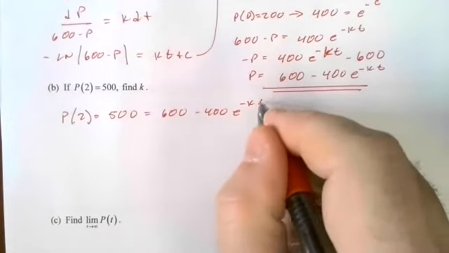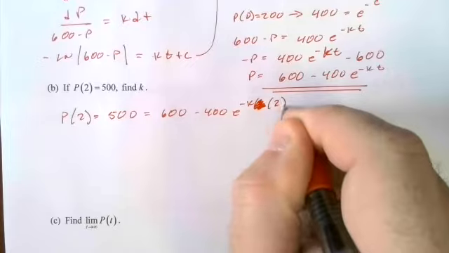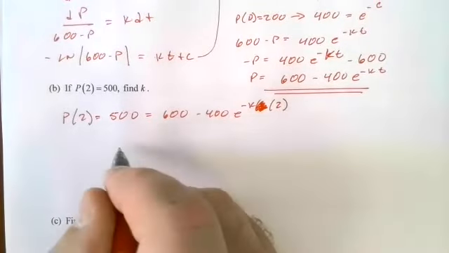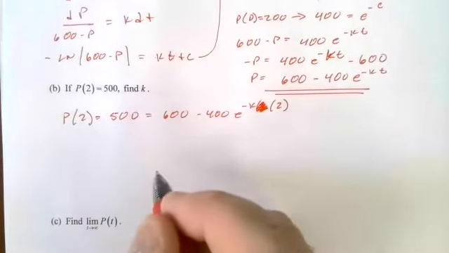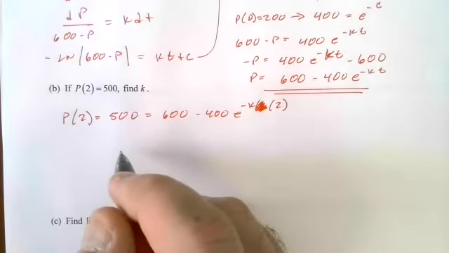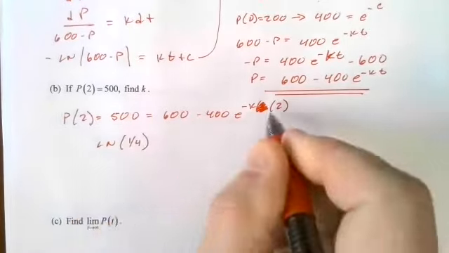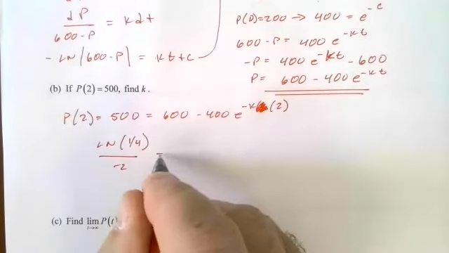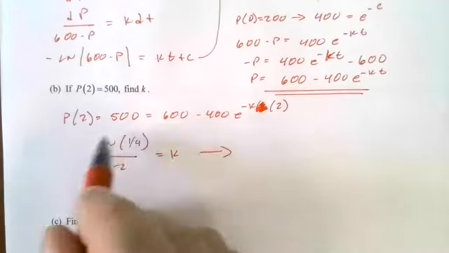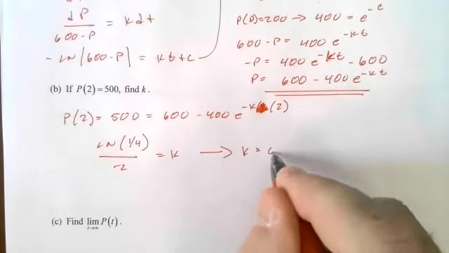Whoops, 2. All right, subtract 600 to get negative 100, divide by negative 400, we get 1/4. Take natural log of both sides. Divide out the negative 2. That's k. I'd leave it like that. But hey, if you're a decimal kind of person, 0.693.